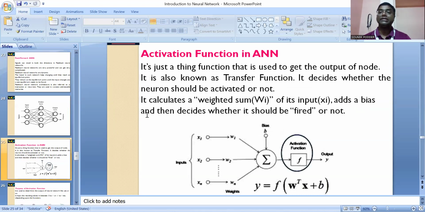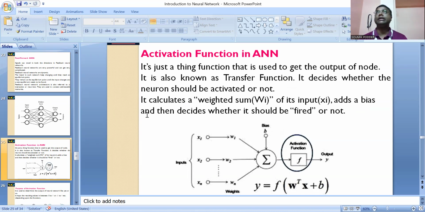Now coming to the activation function. Activation function is basically the function to get the output of the node. Activation function is also a nonlinear function because it provides many combinations. Many combinations means there is randomization, so in that case some nonlinearity will be embedded.